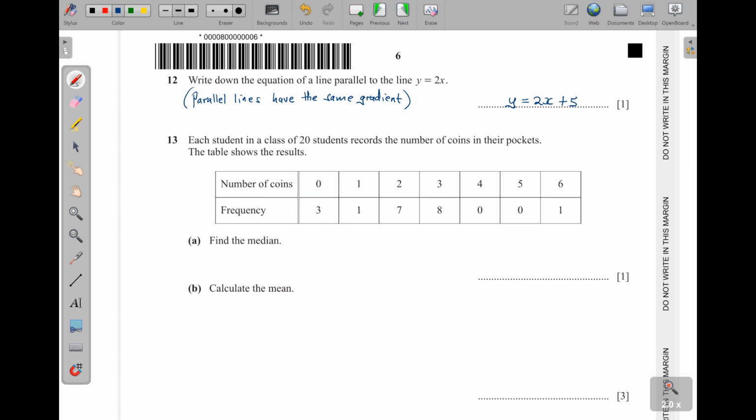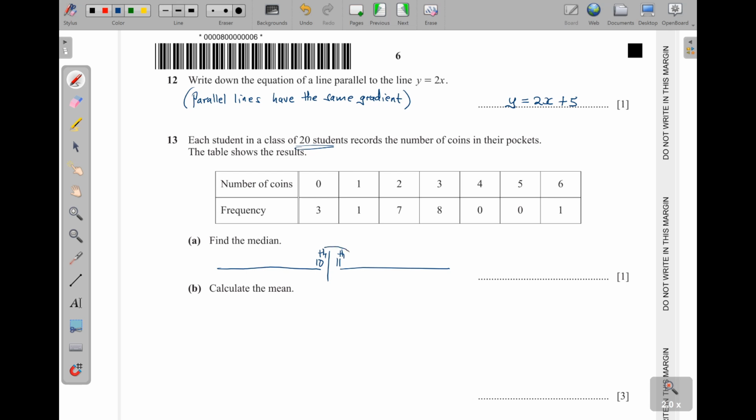So what you can do is to know that if they are 20 and I cross from the extremes, this way I have 10 values and this way I will have 10 values, because they are 20. That means the last one here will be the 10th value, and this one will be the 11th value.